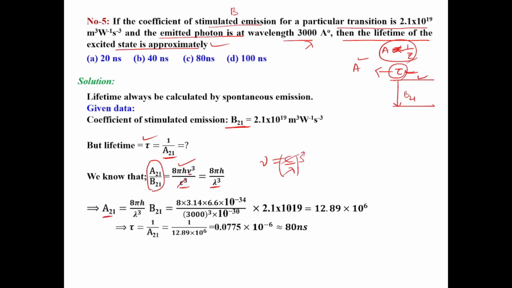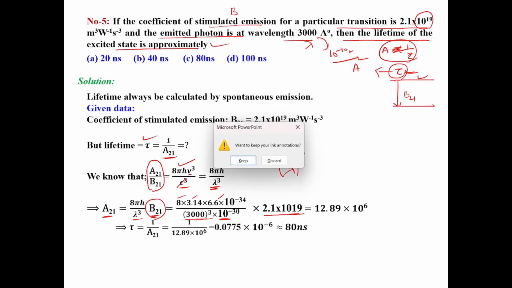So A21 will be equal to 8 pi h by lambda cubed times B21. 8 pi h value, the lambda value is given, 3000 angstrom, converted into meters, that is 10 to the minus 10 meter, so 10 to the minus 30 because it is cubed. And B21 is given as 2.1 times 10 to the power 19. Here this is 10 to the power 19. I am going to correct it. Just wait.